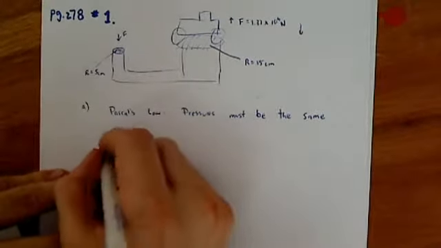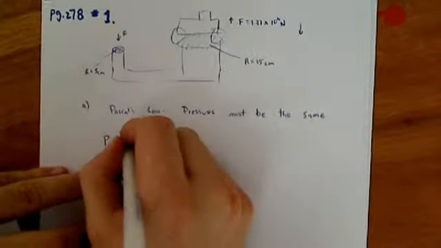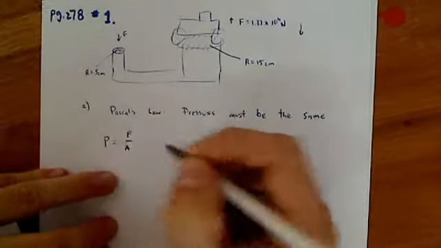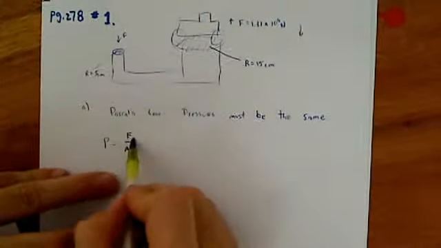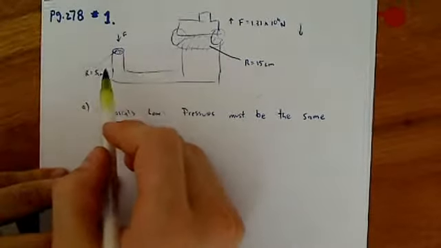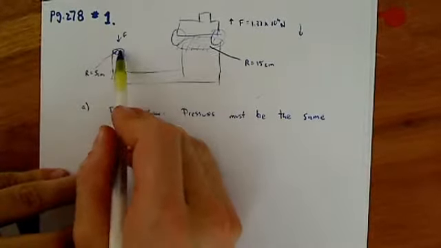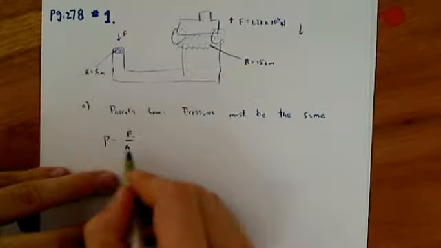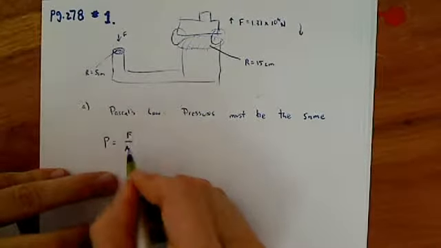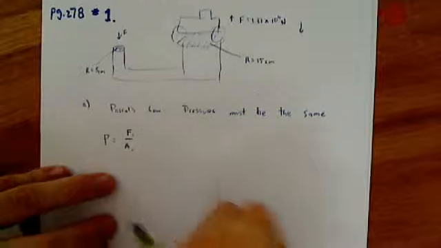So, pressure is the force over area. It's how much force you are applying per unit area to an object. You can apply a large force to a large area or a small force to a small area and get the same pressure.